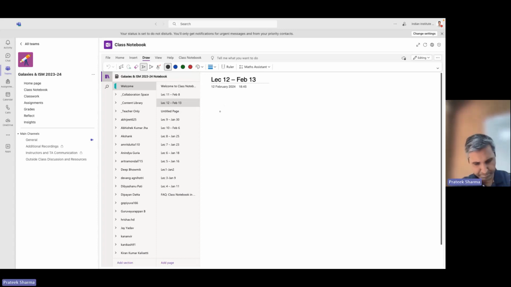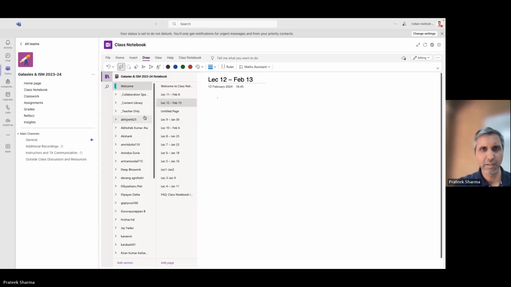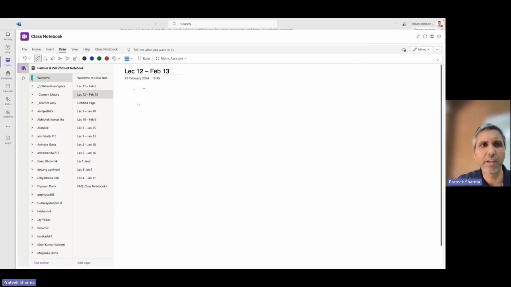Okay. So what we'll do today is some applications of Jeans equations. See, the Jeans equations are vector equations, right?